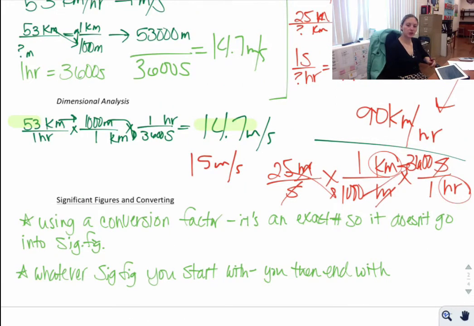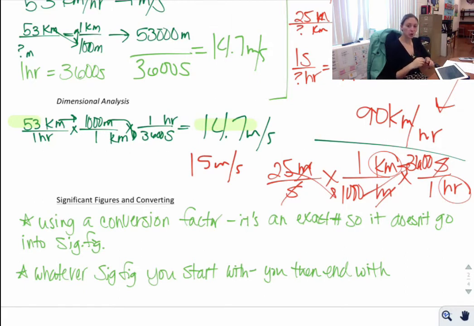Okay, the last page are just a bunch of examples. So you want to try and pause the video here in a second and try them and then check your answers. I will tell you that number 6 needs to be 56 kilometers per hour, not miles. Okay, we're going to stick with metric units. So number 6 should be 56 kilometers per hour.